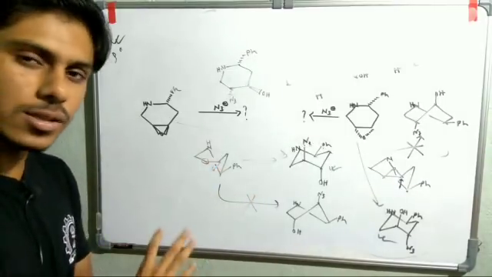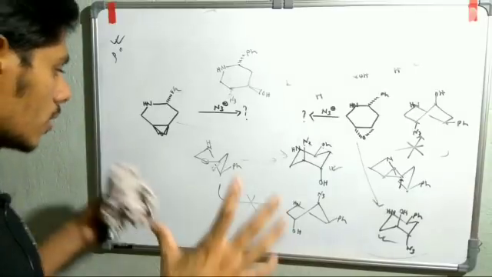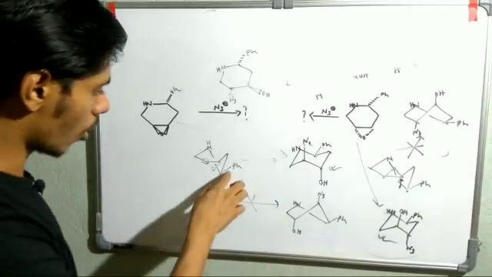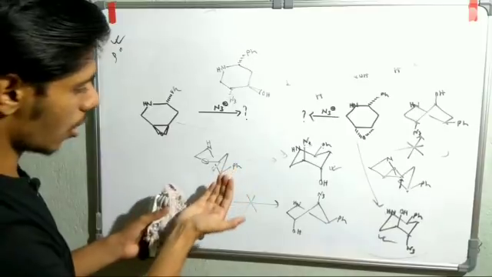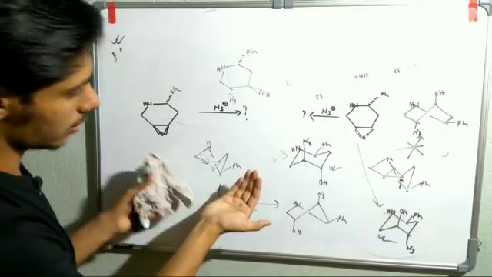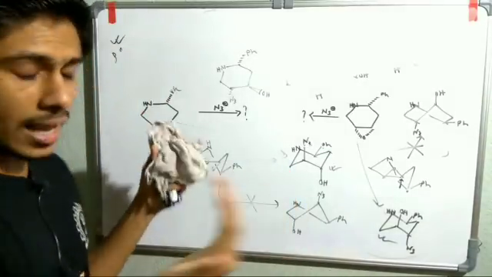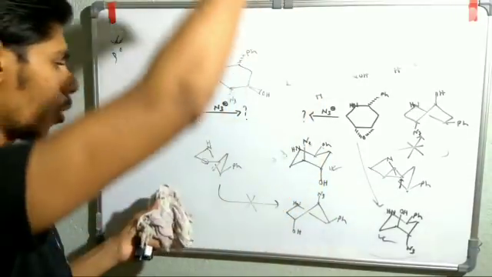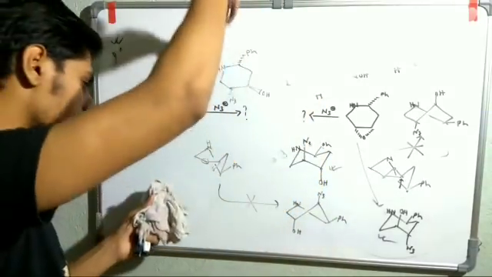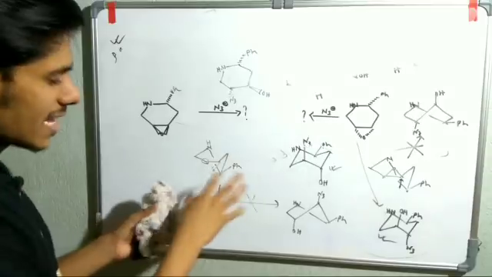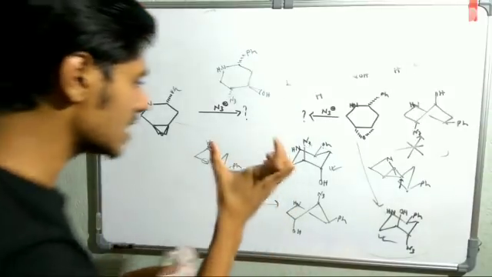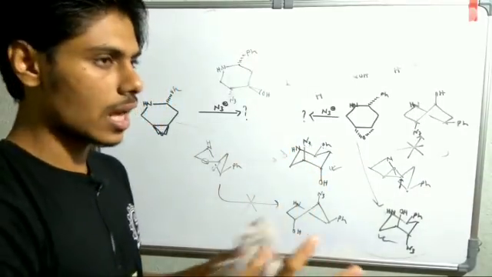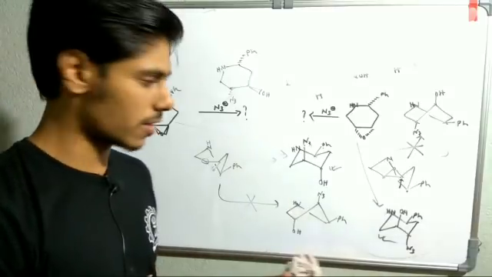Steric hindrance factor has no effect in this particular case. That means although the phenyl group is above the plane, that doesn't mean that your nucleophile will not attack from above the plane. It is attacking from above the plane. So steric hindrance has no importance. The stereoelectronic factor is more important, that is, the stabilization of the transition state.